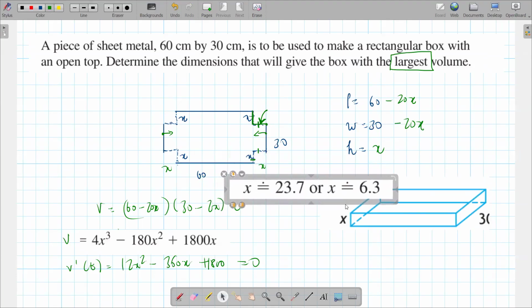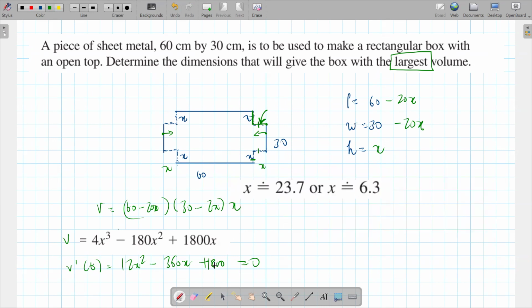Now think about this. Only one of these x values is going to be valid. If x were to be 23.7, would your width be positive or negative? Same thing here. If you replace this x and this x with 23.7, do you think we get a positive value or a negative value?